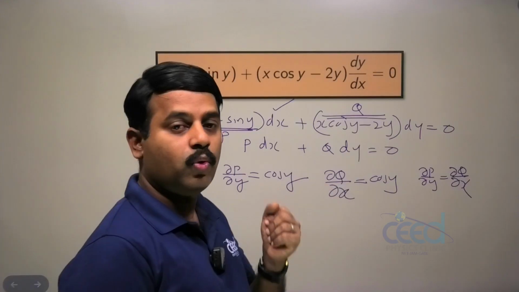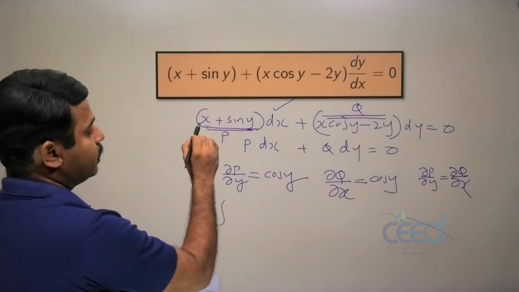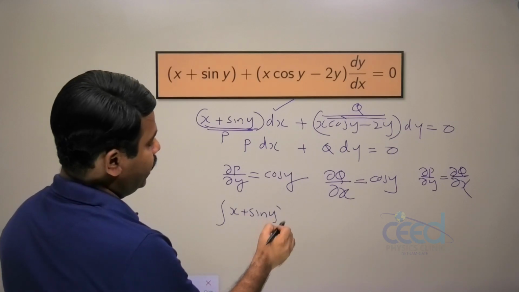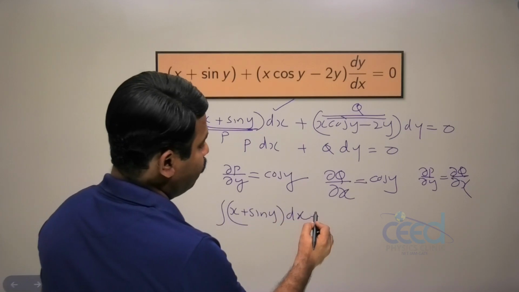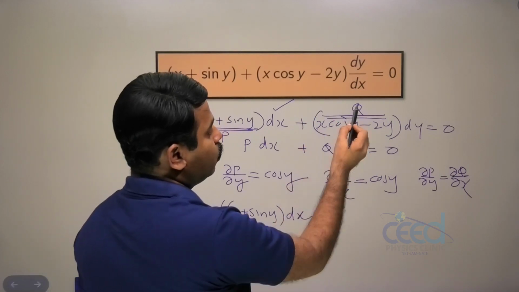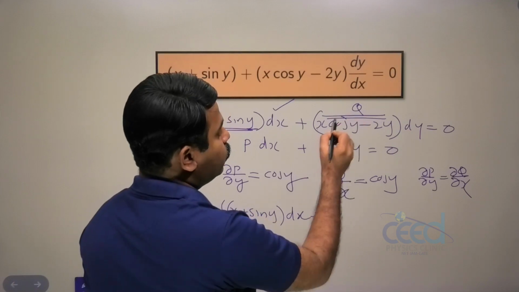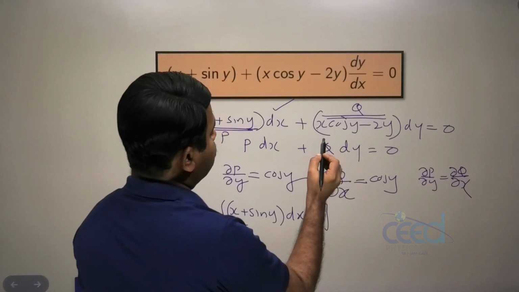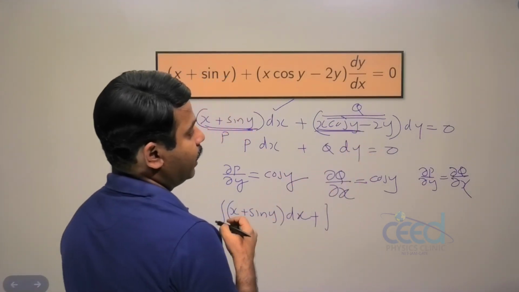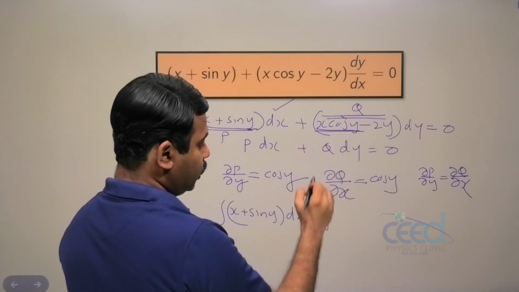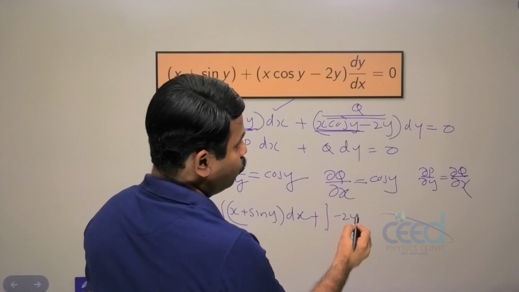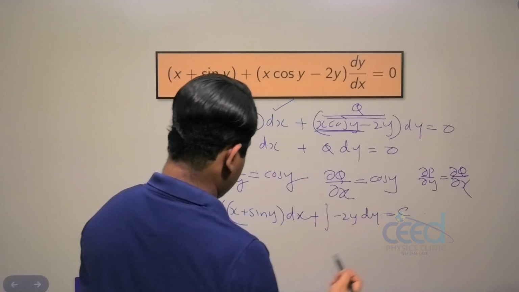Exact means what is the solution? Integral p dx, where p is x plus sin y, into dx, plus the term of q not containing x. The term x cos y contains x, so we need not consider it. Then the integral of q without x, that is minus 2y dy, equal to c.